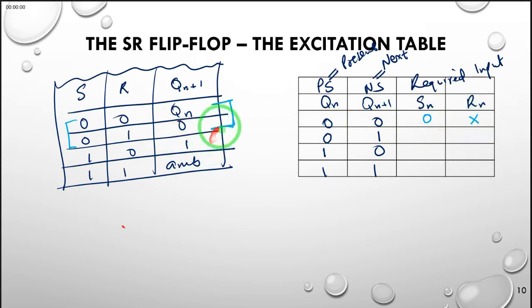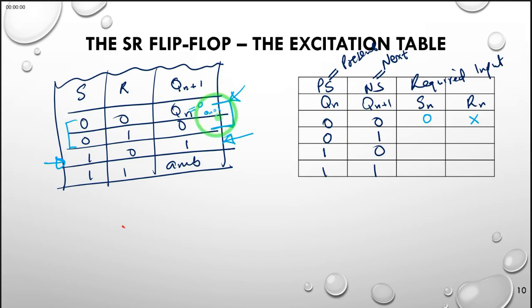We look at another example where we want to move from 0 to 1. In this case, we can only move from 0 to 1 from this input set. The present state could have been 0, or the present state could have been 1. If it was 0 and remains at 0, then we are not able to work with this possibility of moving from 0 to 1.